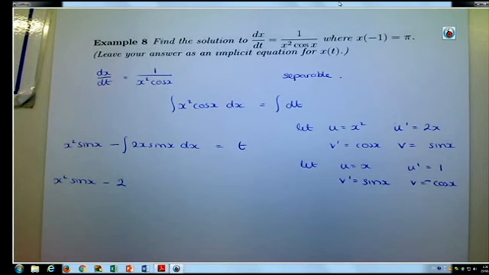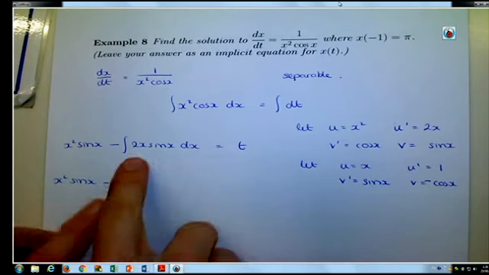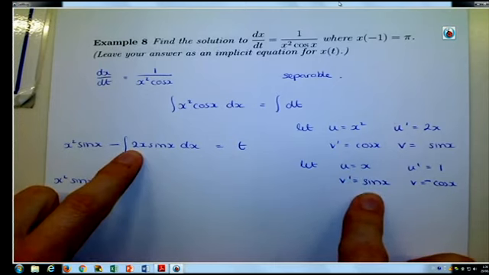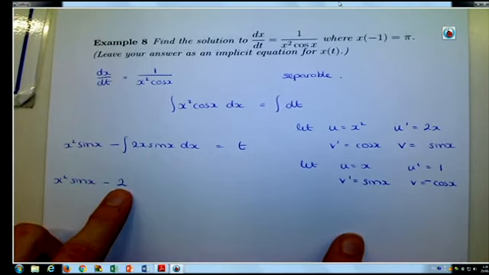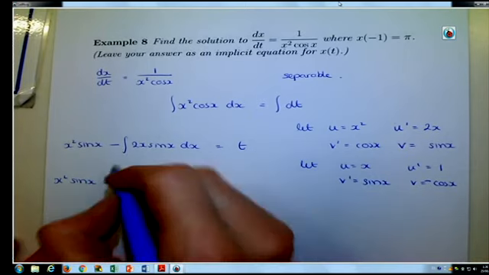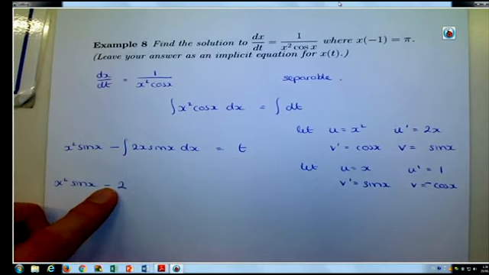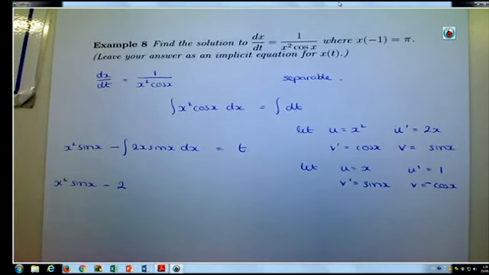Listen up, because I'm going to tell you something that's easy to make a mistake with, and lots of people do it. When we chose this u and the v prime, I didn't include that 2. You can include it if you want, but you don't have to, and I didn't. So because I didn't, I need to include it here. Now, here's the trick. This minus and this 2 is going to be times by both of these things on the right-hand side, not just one of them.